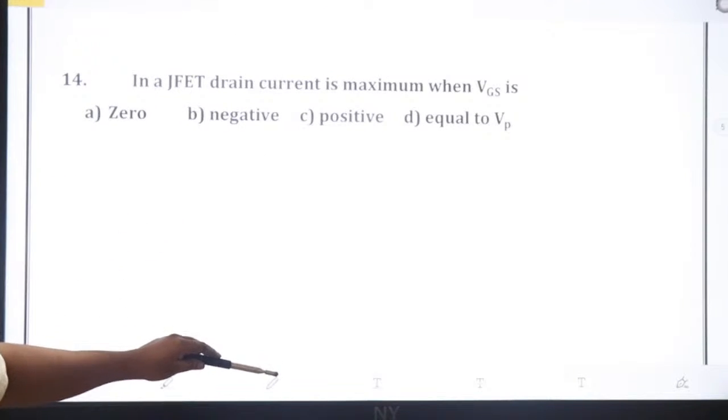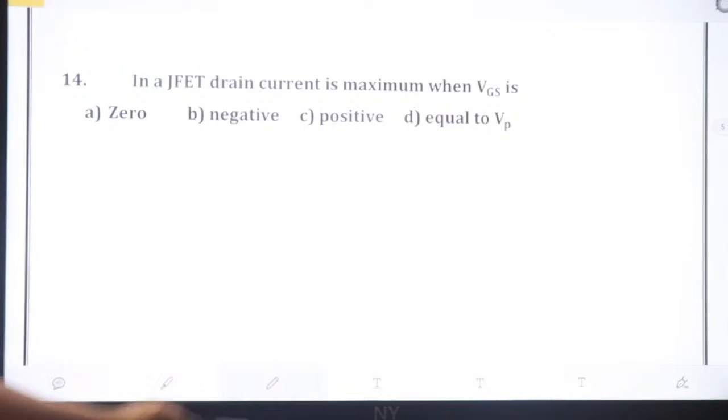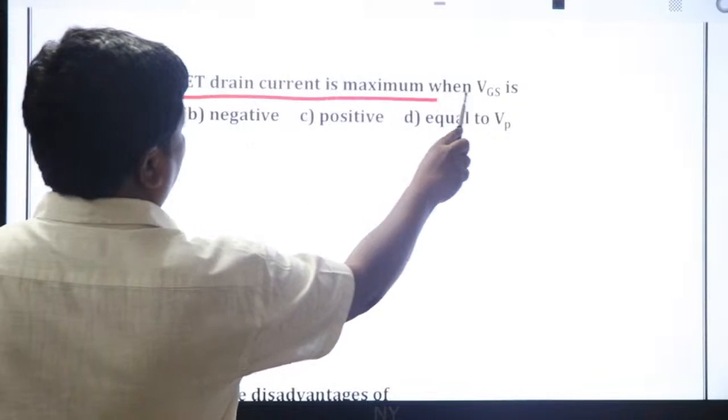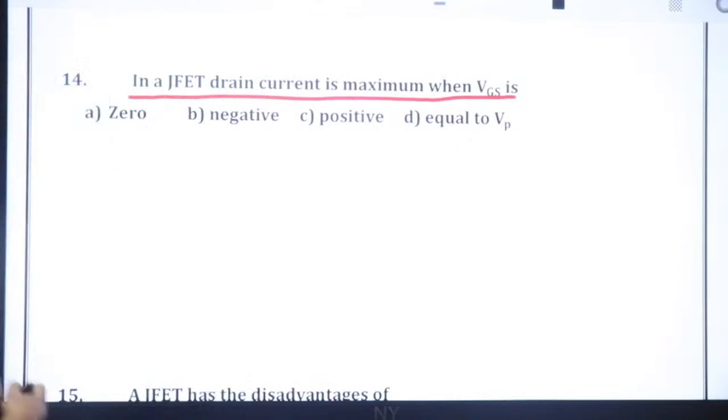Now, tell me what is the answer? In a JFET, the drain current is maximum when VGS is: all are very nice questions.